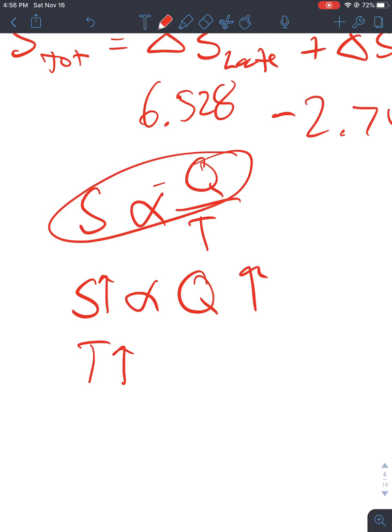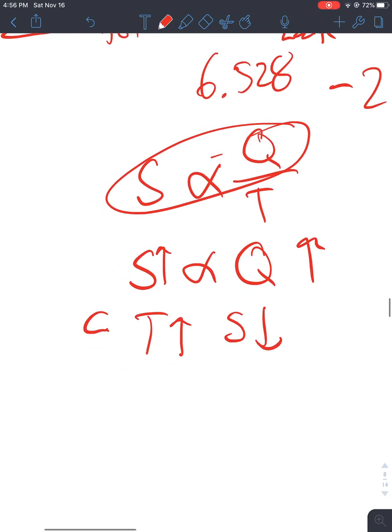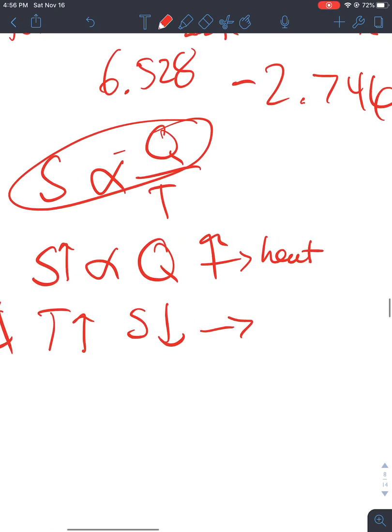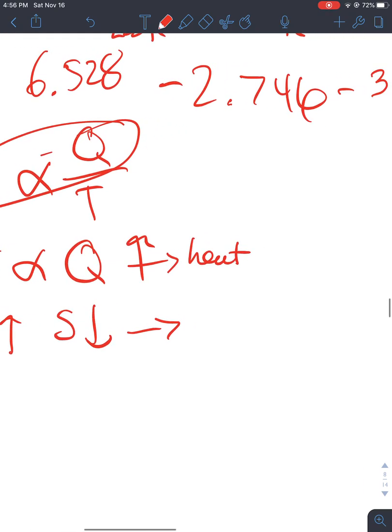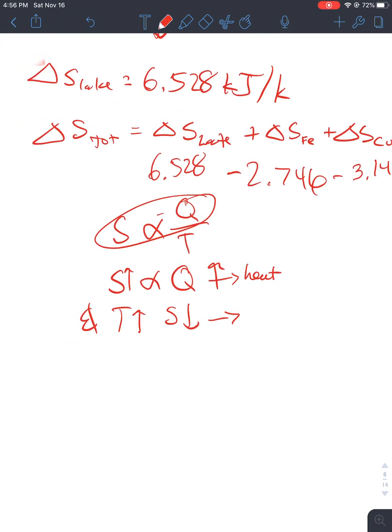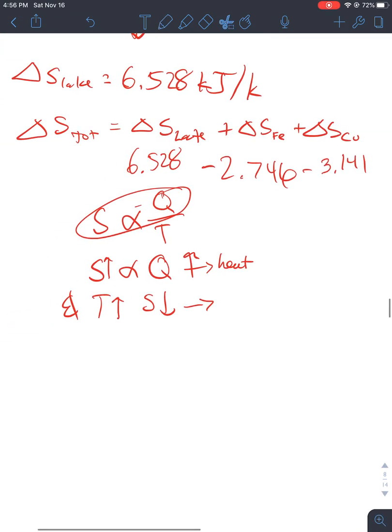Then the entropy goes down. Strange. What does that mean? All right, let me think about that. I can't pause. So temperature goes down. Okay, that makes sense. When something heats up, entropy goes down. That is really strange. Well, there's that equation.